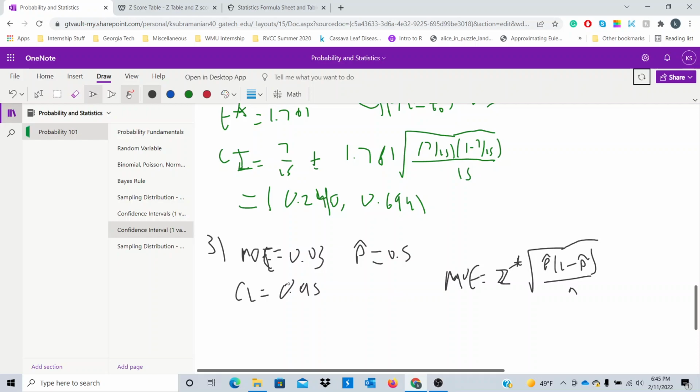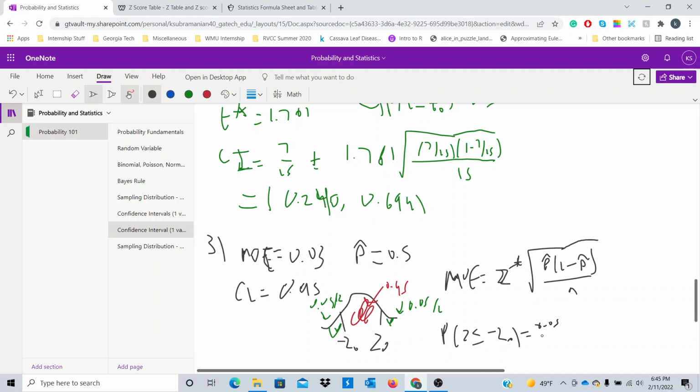And now that we know that our confidence level is 0.95, we know that this area in red is going to be 0.95. So that means this area in green is going to be 0.05 divided by 2, and this area here will be 0.05 divided by 2. So now what we want to do is find the z naught such that the probability of getting a z score less than or equal to negative z naught equals 0.05 divided by 2.